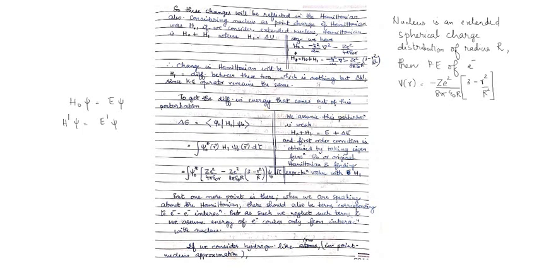So if you are to look at the change in energy caused due to this perturbation, you will have to look at the expectation value of the change in potential energy using the ground state wave function. So that's what we have written here. And how do you evaluate expectation value? It's integral psi 0 star. Now what's the change in potential energy?